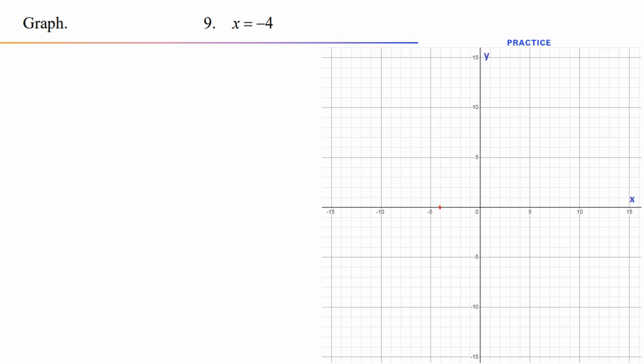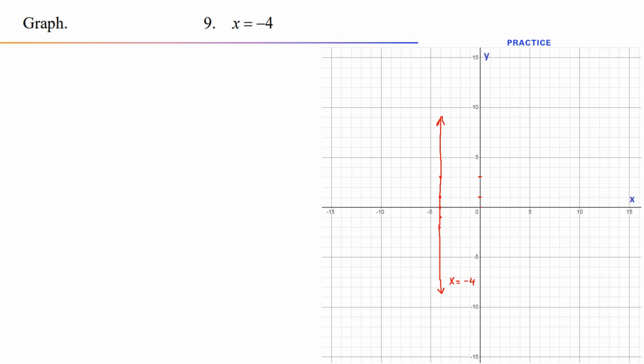For example, at y equals 0, x equals negative 4. At y equals 1, x equals negative 4. Y equals 3, negative 4. Whatever the y value is, we always have x equal negative 4. So connecting those points, we know that we have the vertical line. That's the vertical line, x equal negative 4.